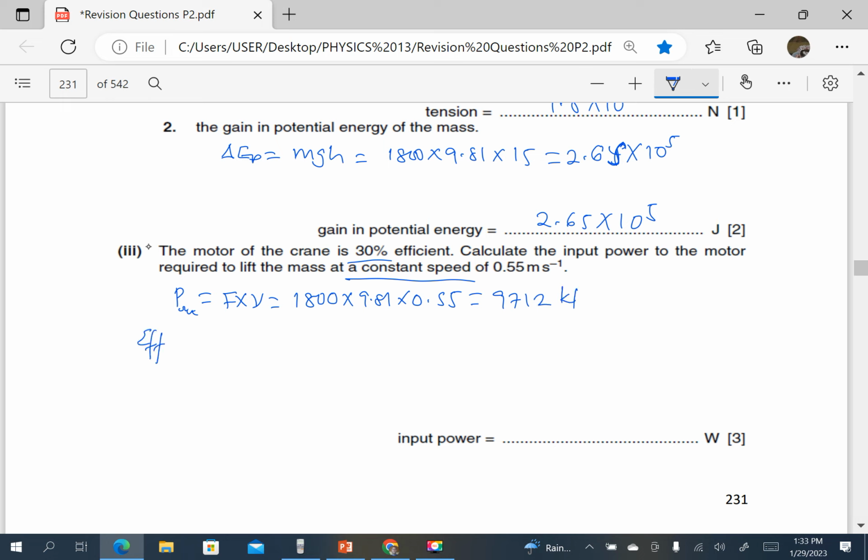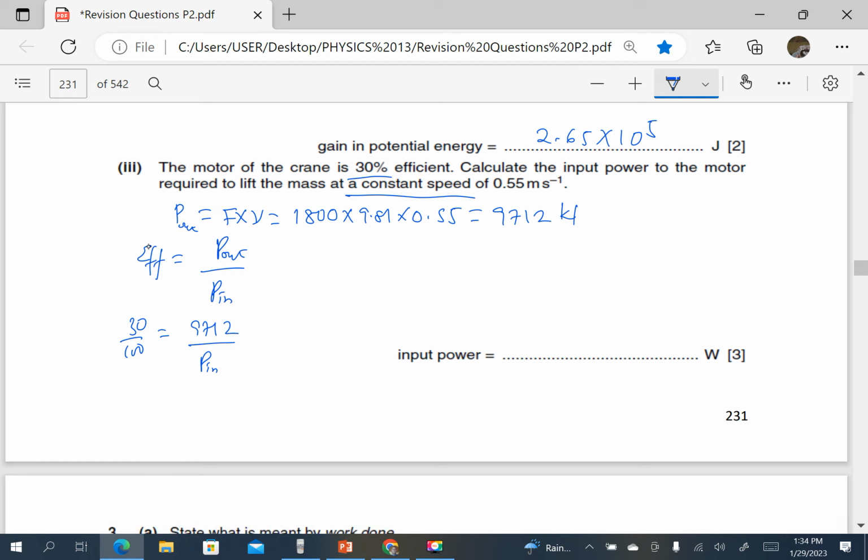But efficiency is equal to power output over the power input. So efficiency is 30, so 30 over 100 is equal to power output, which is 9712, divided by the power input.